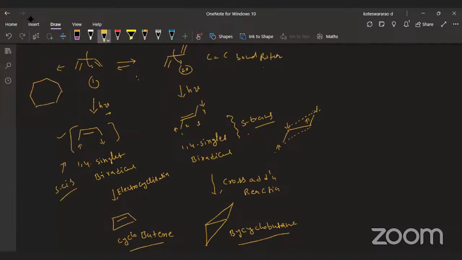This is the 7-membered ring. Look at here. The rotation of the C-C bond is restricted by making this into a cyclic system. Here also, instead of the S-trans isomer, I am considering a fused ring system in the trans manner.